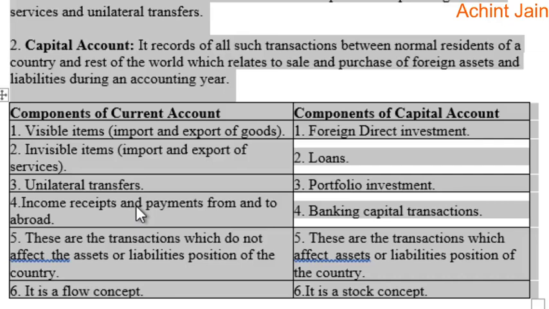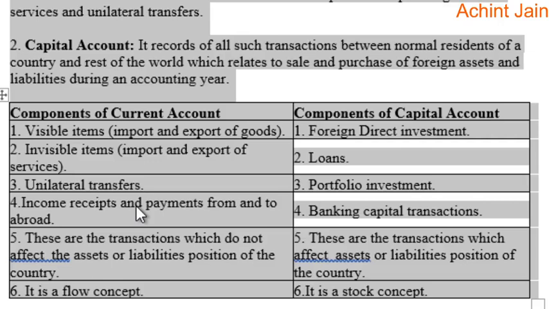The first one is export and import of visible items. The current account includes export and import of visible items or goods like wheat, rice, machines, etc. The next one is export and import of invisible items. The current account also includes export and import of invisible items or services like shipping, insurance, banking, etc.